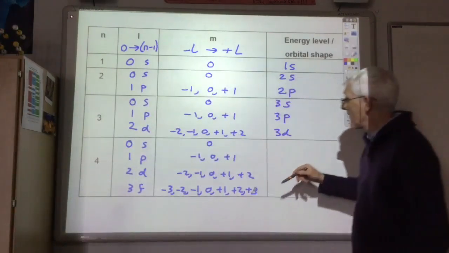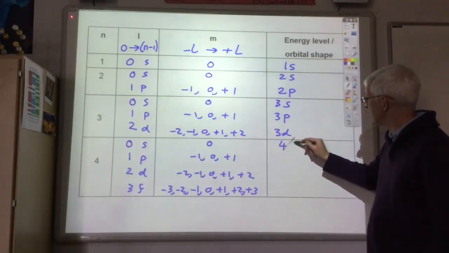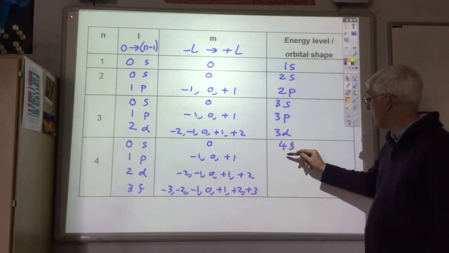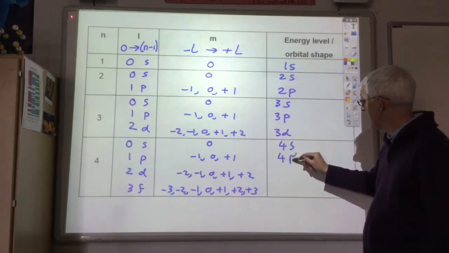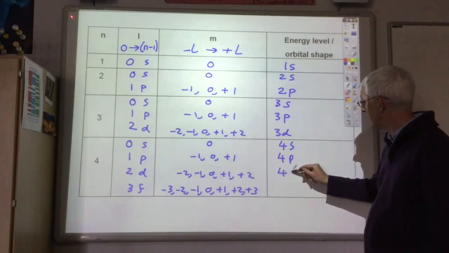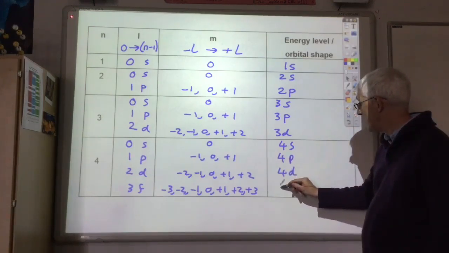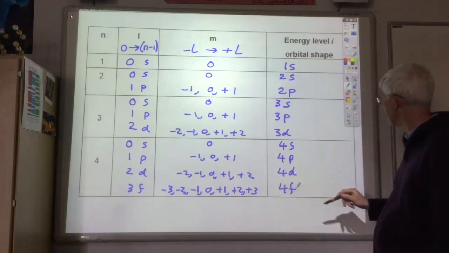So 4, 0, 0 is a 4s orbital, 4, 1 is a 4p, 4, 2 is a 4d orbital, and 4, 3 is a 4f orbital.